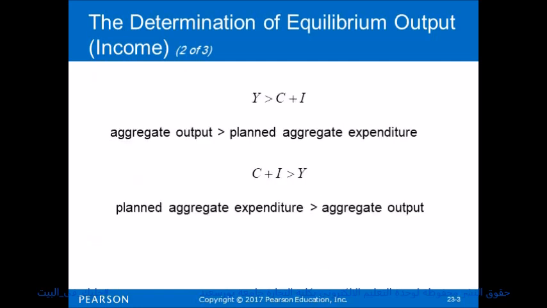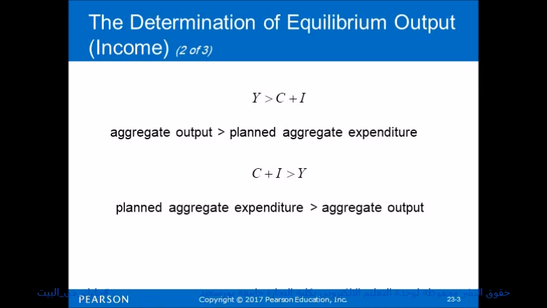But what if planned aggregate expenditure, or AE, falls short of or is less than income or Y? In this case, businesses will add or increase their inventories of goods in order to restore equilibrium.